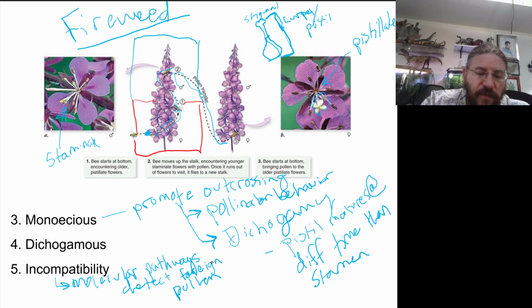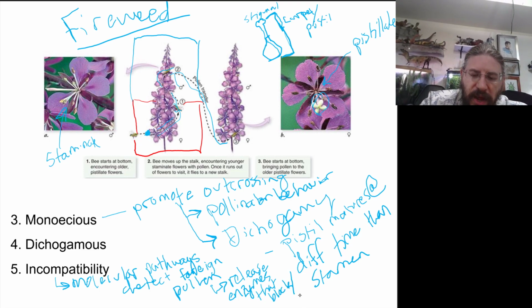So they detect foreign pollen and then we release enzymes that block and degrade pollen tubes. Breakdown.